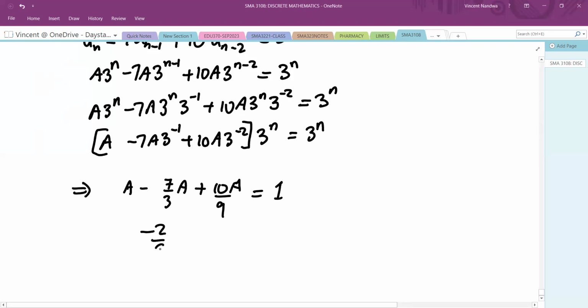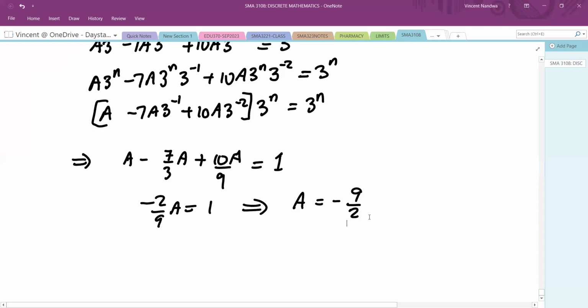So negative 2 over 9 a equals 1, which means a alone is minus 9 over 2. So therefore, the particular solution is given by minus 9 over 2 times 3 raised to the power n.